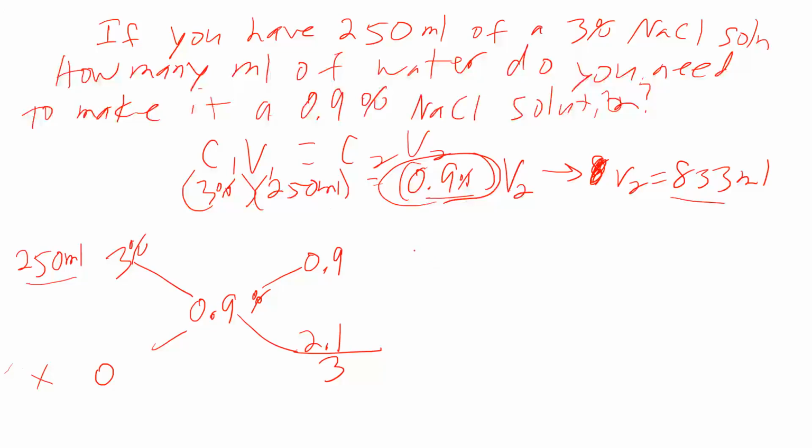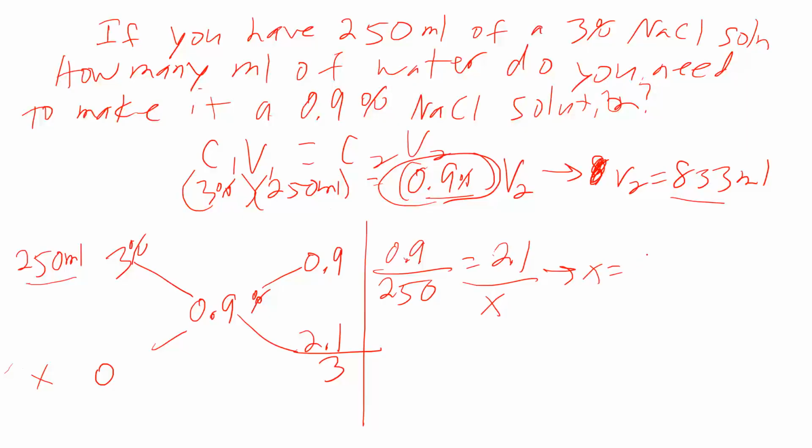So what we do is we say, okay, we know that 0.9 over 250 equals 2.1 over x, which means that x will equal, let's see, 583 mils. So the water is 583 mils.